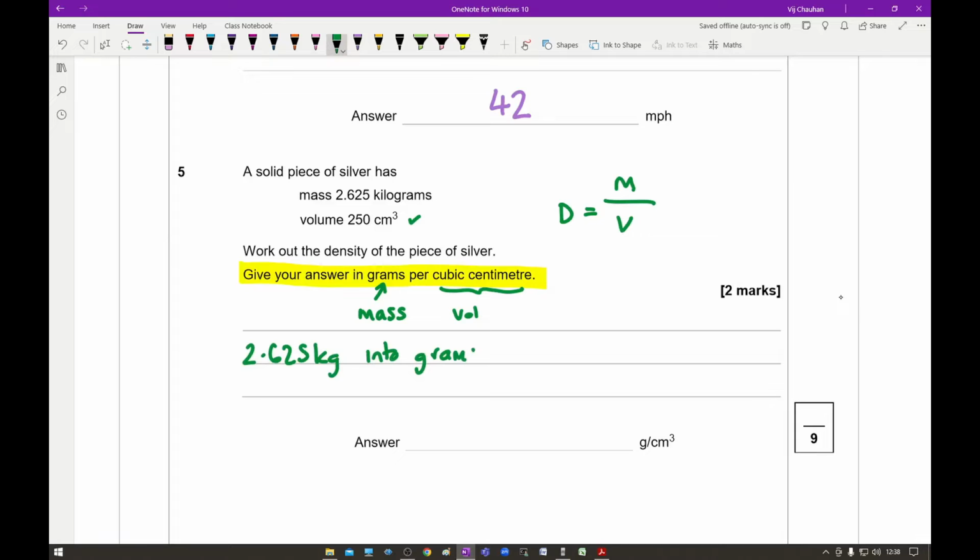Again, just like the previous question, I just need to multiply by 1000, which gives me 2625 grams. And then it's just a case of putting it into the formula. So density equals mass, which is 2625, divided by 250. And if I type that into my calculator, I get an answer of 10.5.